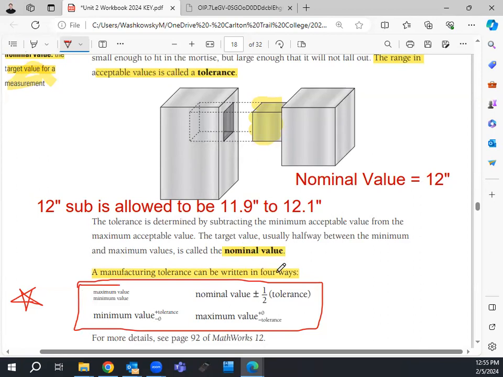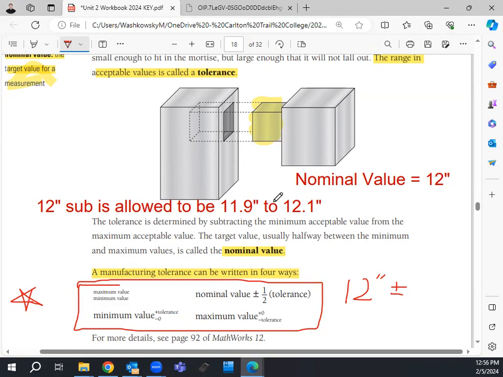Let's say, for example, I'm going to pick this one. If you had this sub, what's my nominal value? We just established it's 12 inches, right? And I'm saying my sub can be plus or minus my tolerance. What's the range of my tolerance here? 11.9 to 12.1?